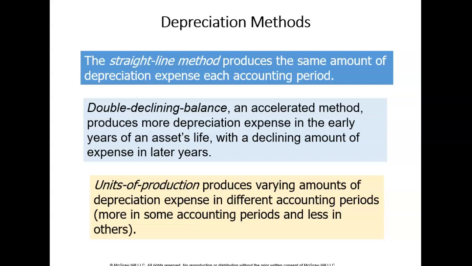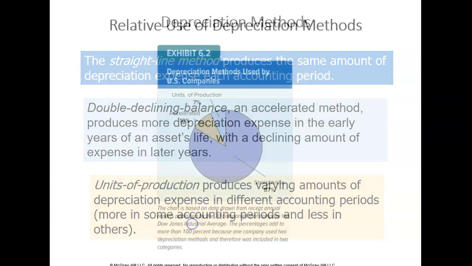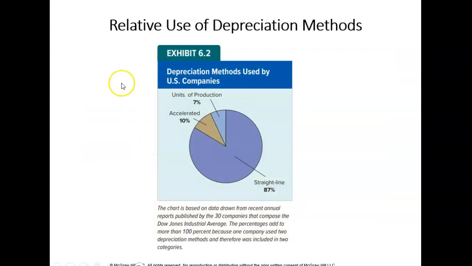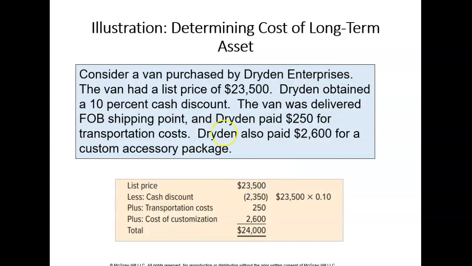Meaning, the more we use an asset in a certain accounting period, the greater the amount depreciated in that accounting period. Okay? So as I mentioned, the straight line by far is the most widely used method. So we'll spend most of our time focused on the straight line method of depreciation.